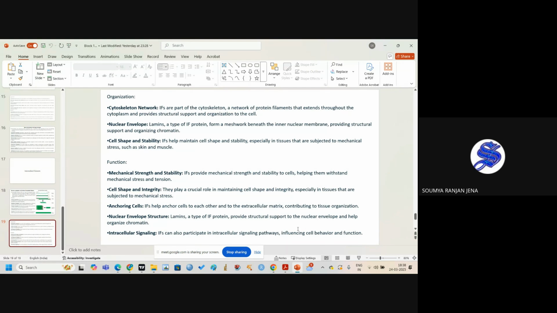Our skin molecules sense different stimuli like heat stress, cold stress, or any injury type of stress, and this also gives an intracellular signaling through intermediate filaments. These are the major components of our eukaryotic cytoskeleton: microfilaments, intermediate filaments, and microtubules. Any doubt?